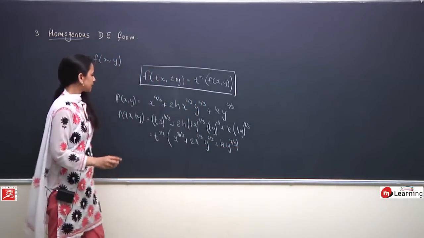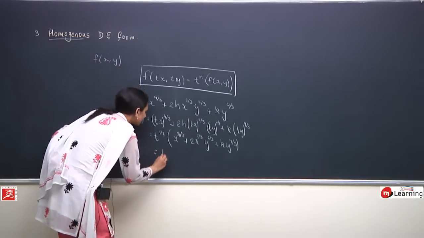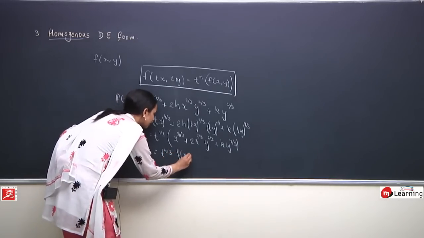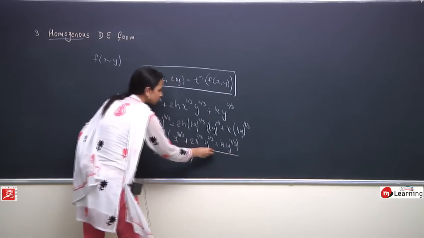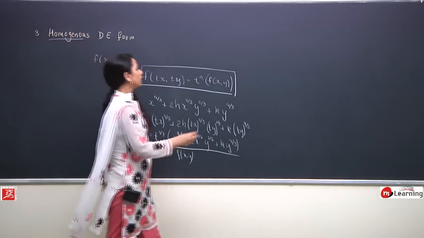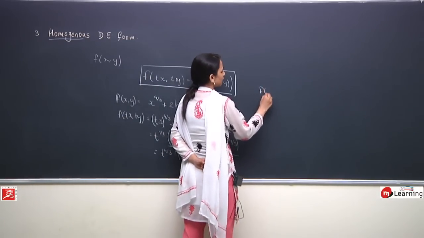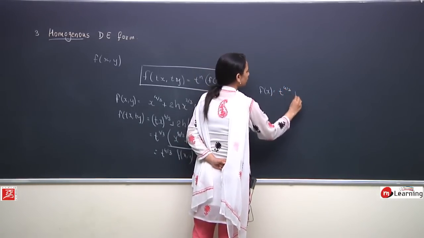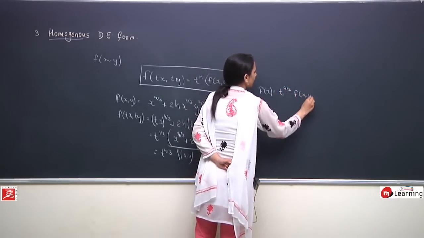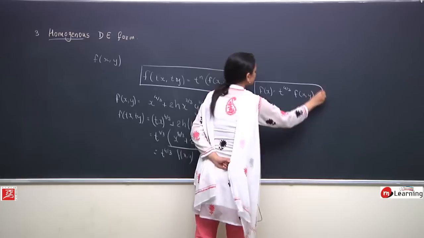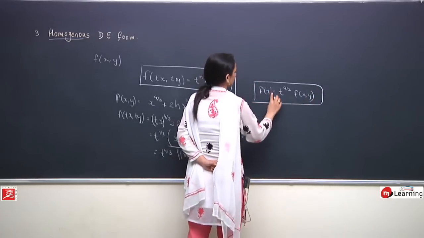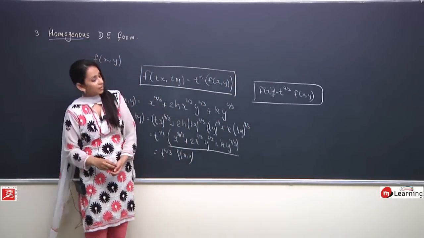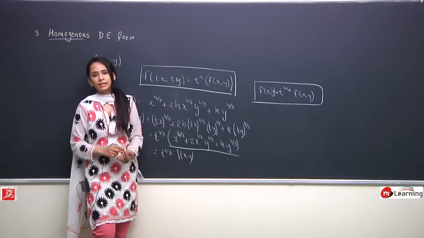Or I can say this is equals to t to the power 4 by 3 into f of xy, because this term is equals to f of xy. So what did we get? We got f of tx ty is equals to t to the power 4 by 3 into f of xy. So in this case, my f of xy is a homogeneous equation of degree 4 by 3.